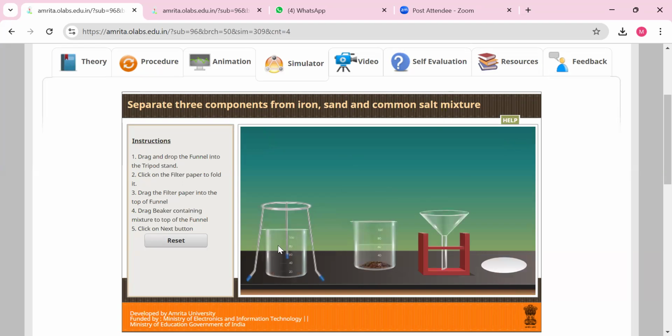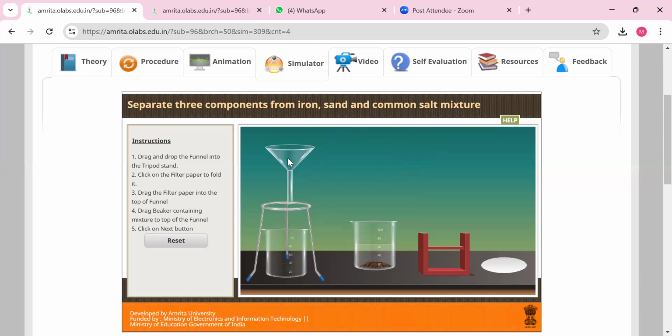Next one. What is this? This is a tripod stand, beaker, sand mixture, water, funnel and paper.